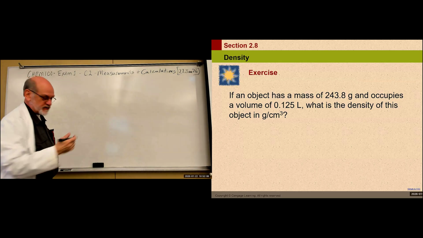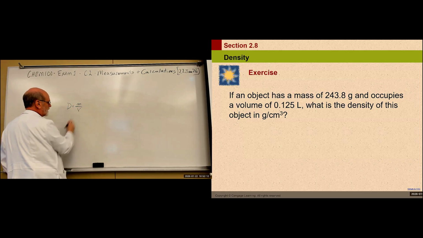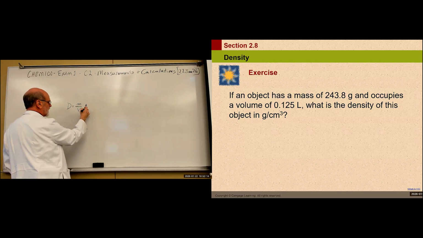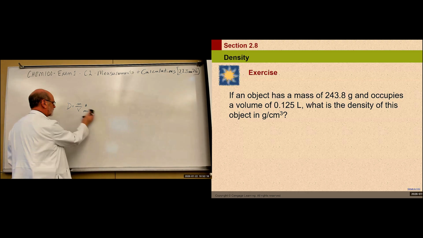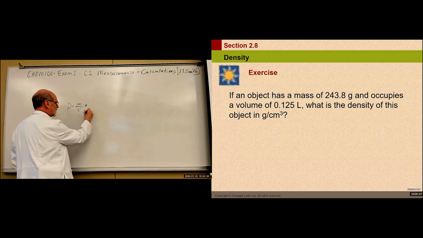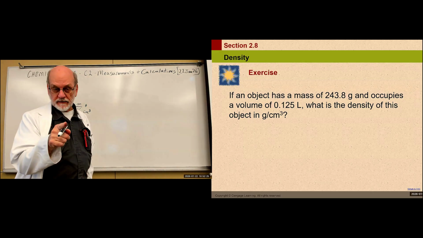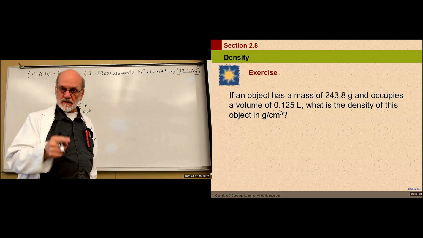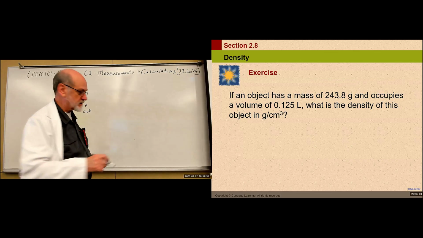We've got to use the density formula, but this has to be in grams and this has to be in cubic centimeters. So grams are good, but liters are not. So how do we find cubic centimeters from liters?